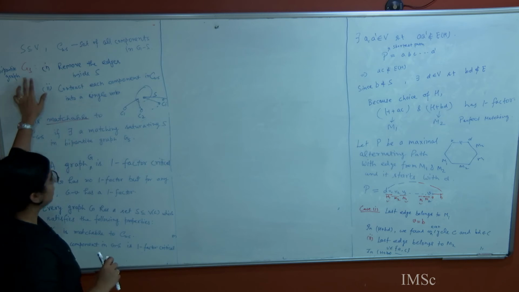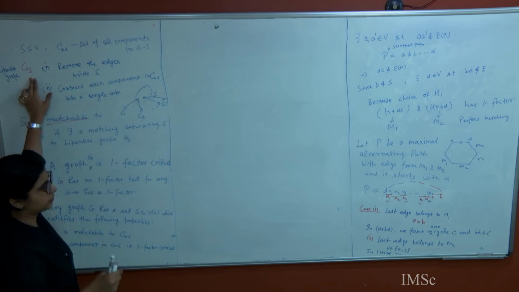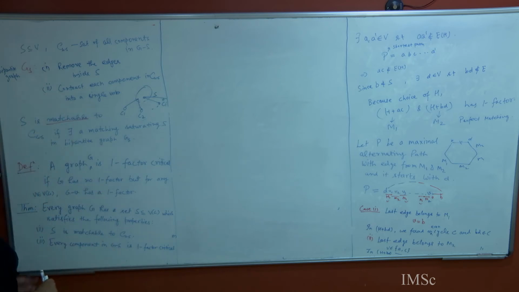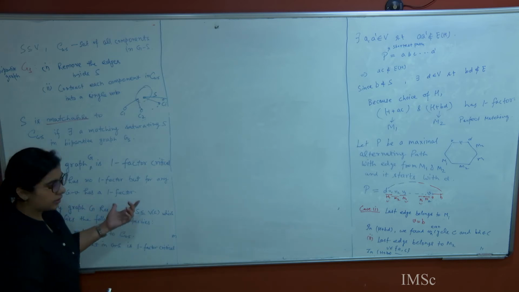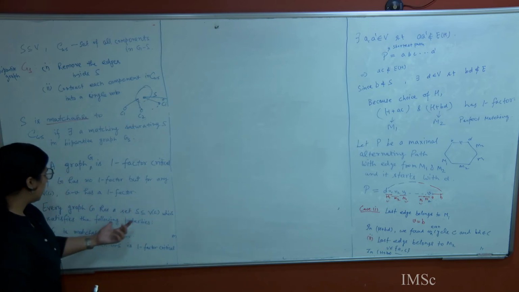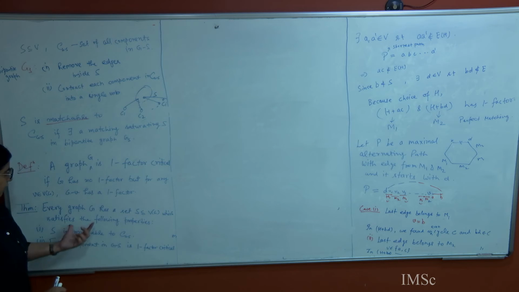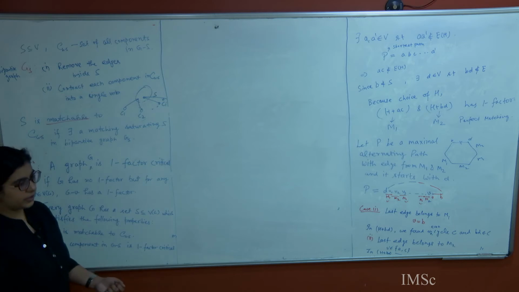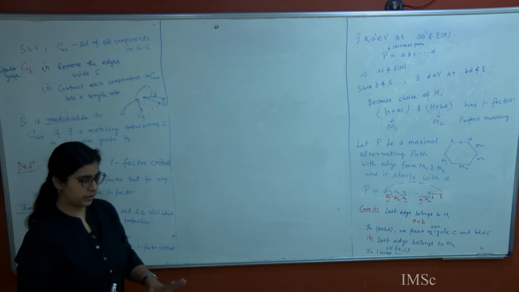This is corresponding to the set S, that is why S is in the subscript. This is set dependent, we are just talking about this particular set S. So this theorem says that every graph G has a set of vertices which satisfies these two conditions: S is matchable to CG minus S and every component in G minus S is one factor critical.